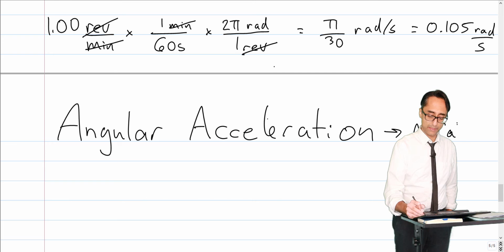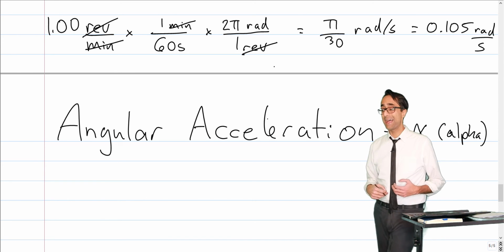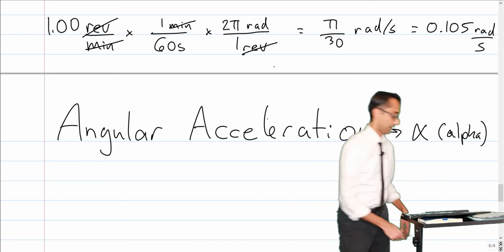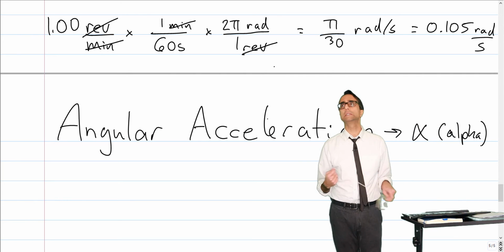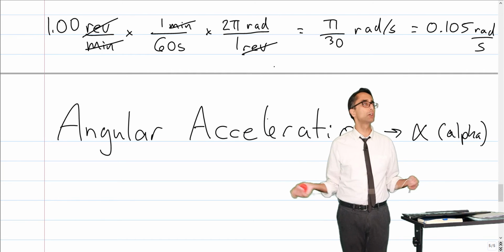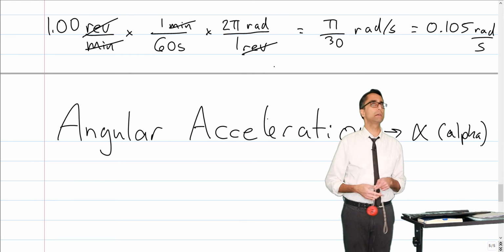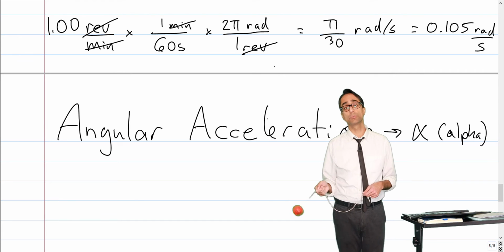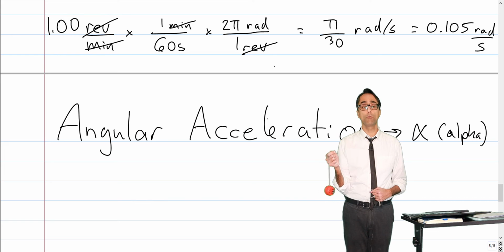And alpha is going to describe basically the rate at which we're speeding up or slowing down. And so even when we have a nice, easy problem, like let's say a car is at a red light and picks up speed, gaining up to 60 kilometers an hour or something like that, you can calculate the acceleration pretty easily. But you will eventually be able to do the same thing for circular motion.